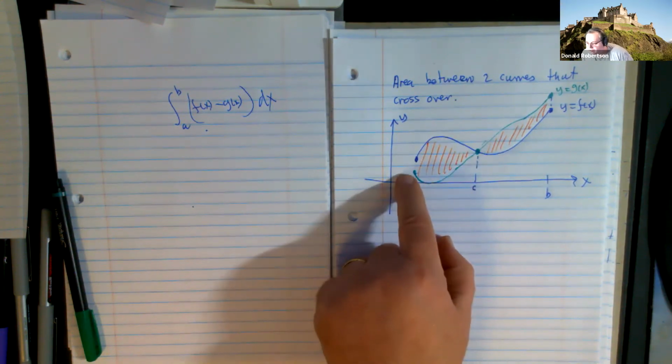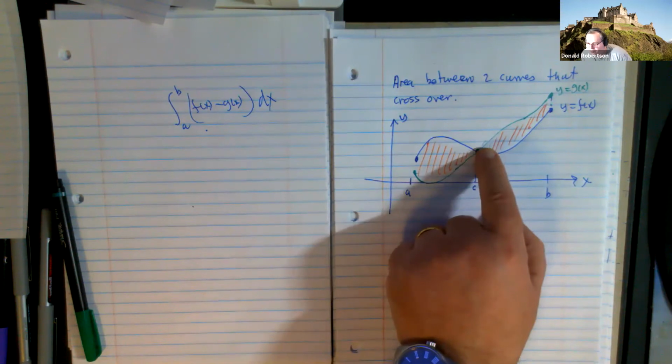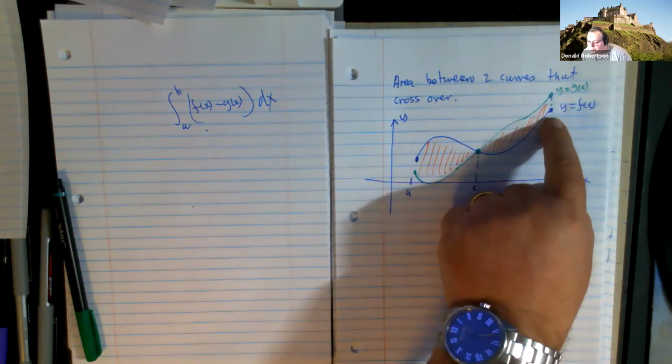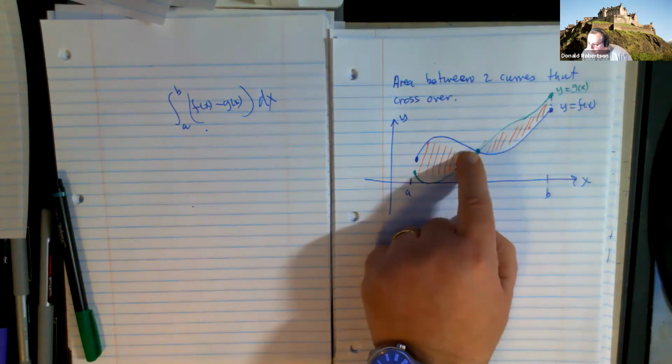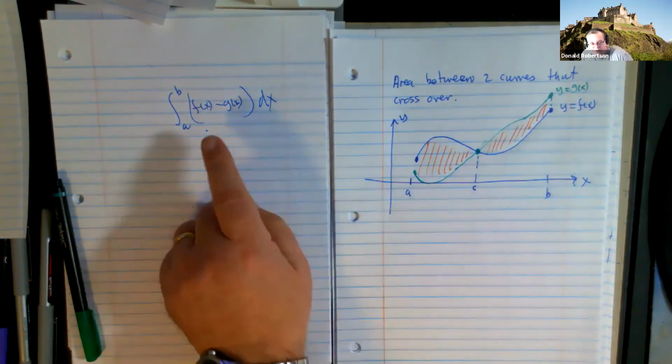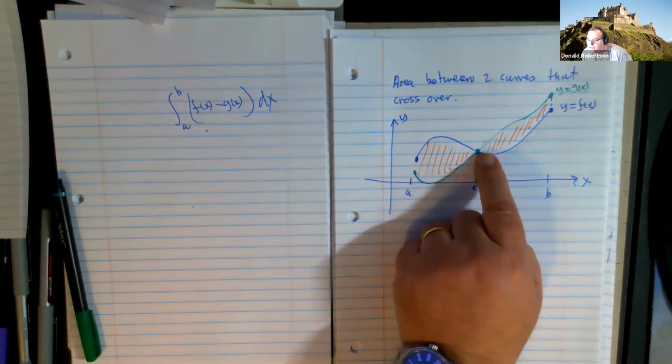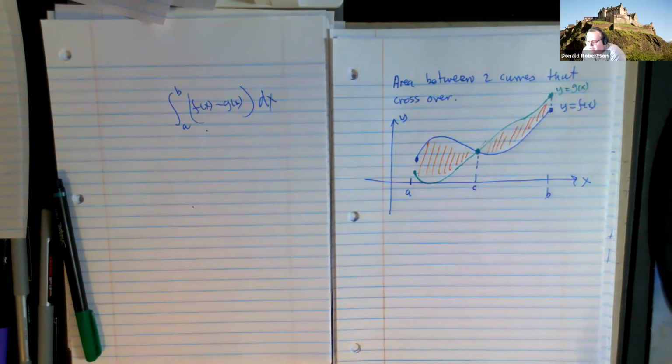And then the green guy's underneath. But from this point, doesn't it switch places? And now the green guy is on top and the blue guy is underneath. So we have to adapt this formula to account for the fact that there's now a crossover. Any idea how you think you might be able to cope with that?